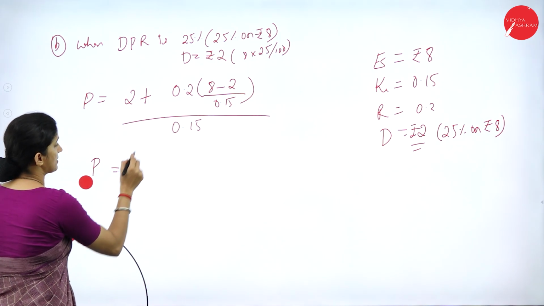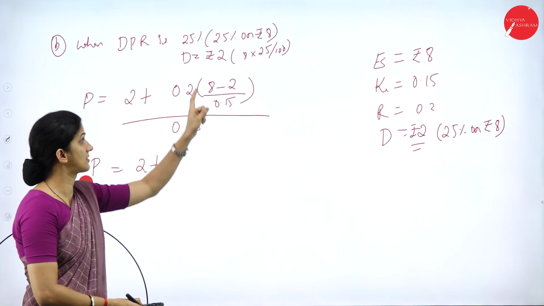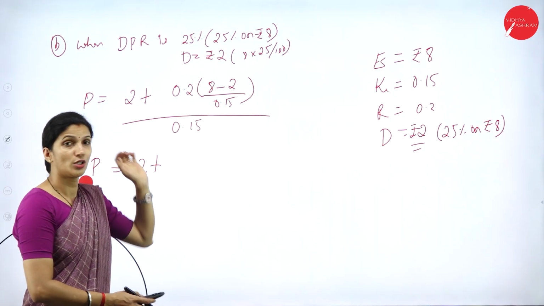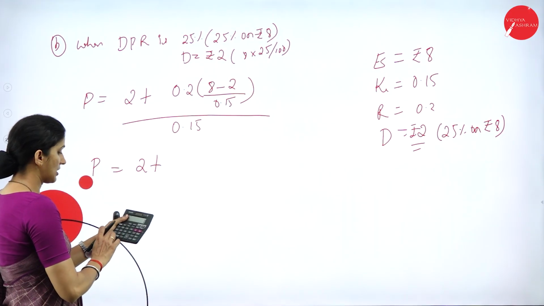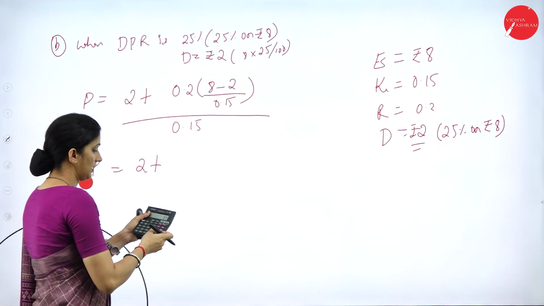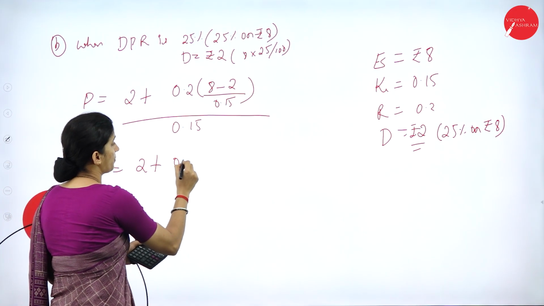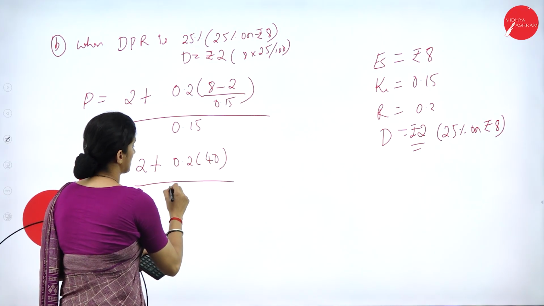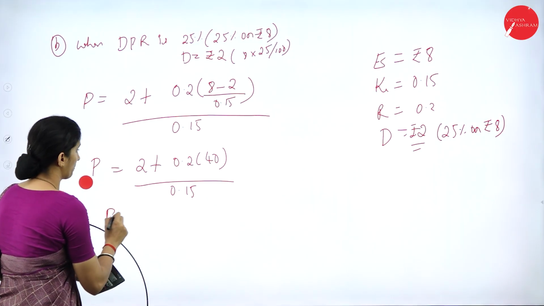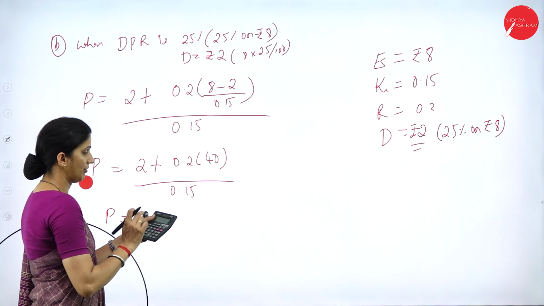So therefore P is equal to 2 plus, we'll simplify this part first, that is 8 minus 2, that is 6. So 6 divided by 0.15, so here 40, we will get 0.2 into 40 divided by 0.15. Therefore, P is equal to 40 into 0.2, which is 8.